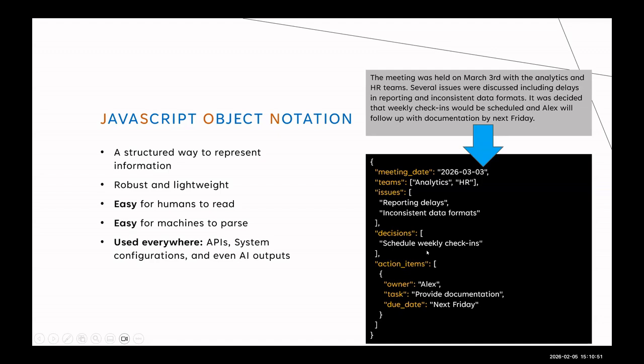The decision was to schedule weekly check-ins, and the action items, which we're designating to the owner, Alex, is to provide documentation, and it's due next Friday. So it's just an easy breakup of information. It's not necessarily fancy, it's just organized.